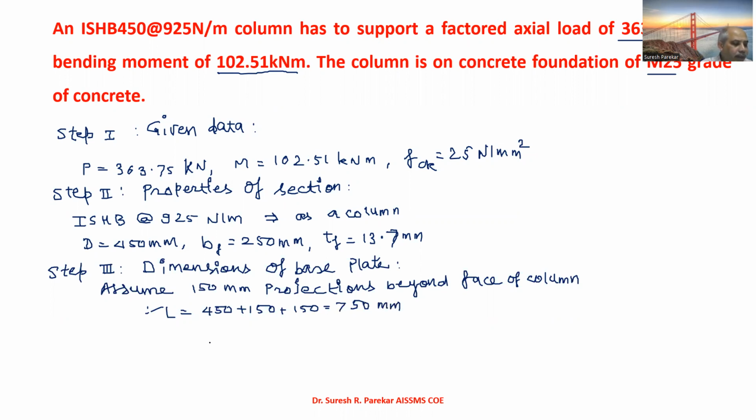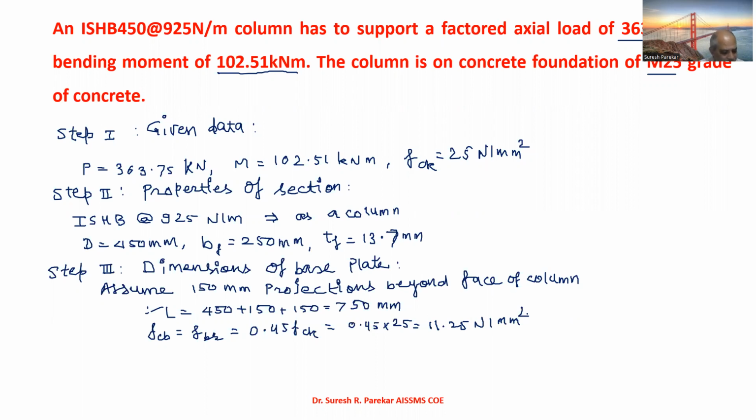And fcb, which we already know as the bearing strength, is 0.45 fck, that is 0.45 into 25, and this value comes to 11.25 Newton per mm square.